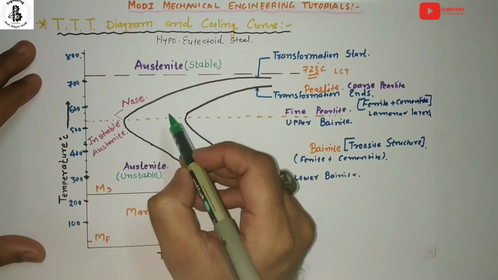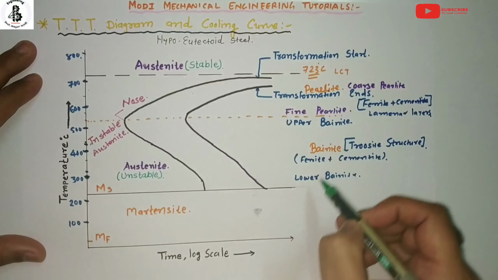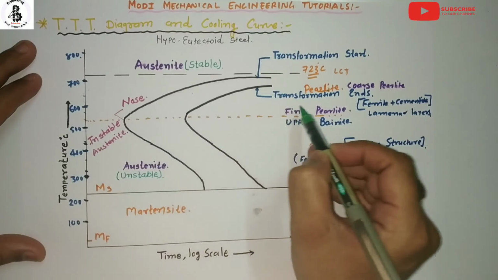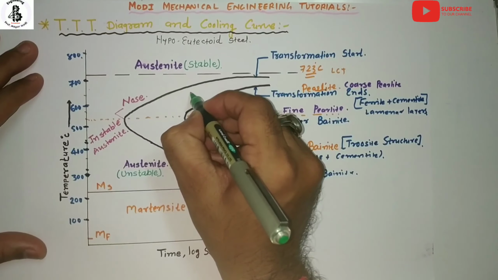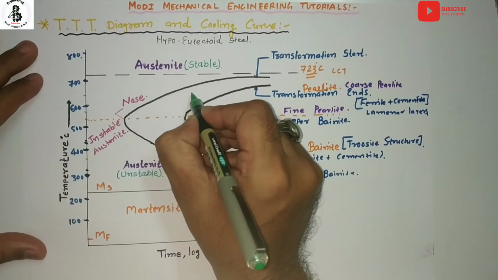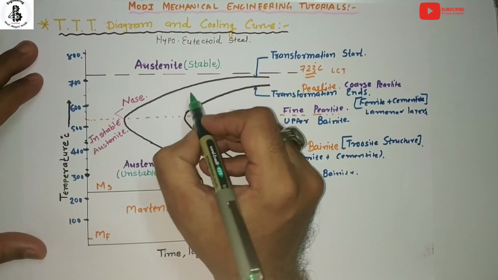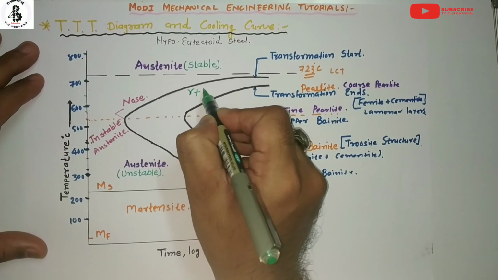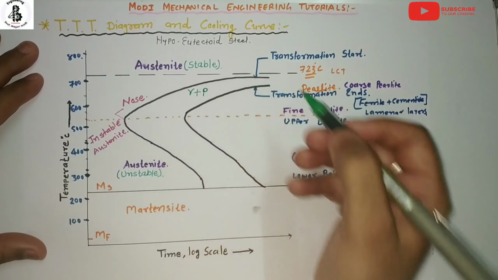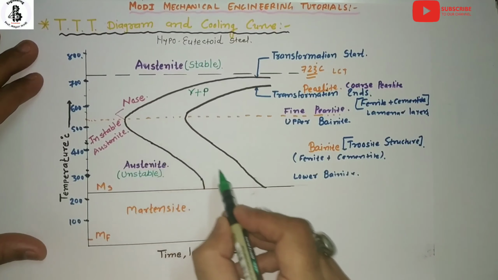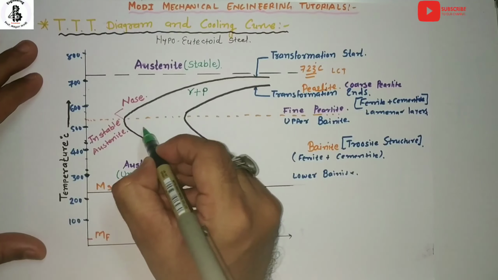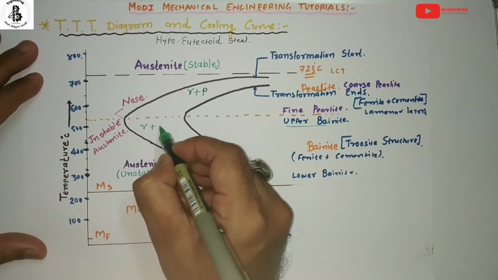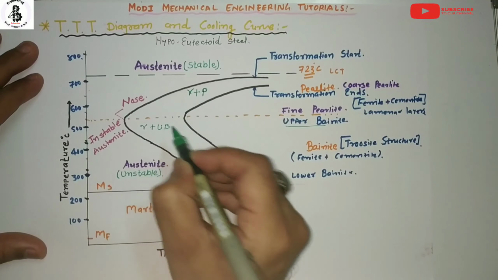The transformation line from austenite to different phases is the phase of making the pearlite region. In between the two transformation lines it is gamma austenite plus pearlitic structure, and from these regions it is gamma plus upper bainite, UB.